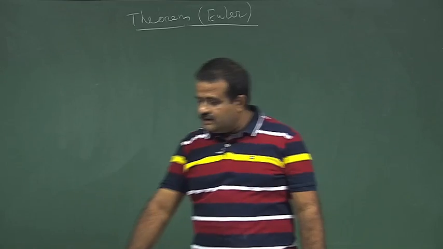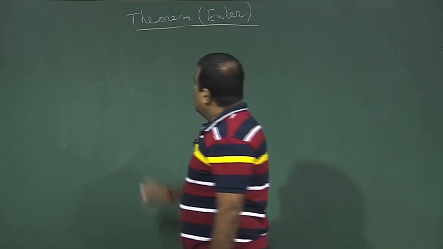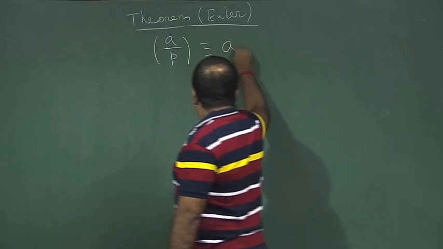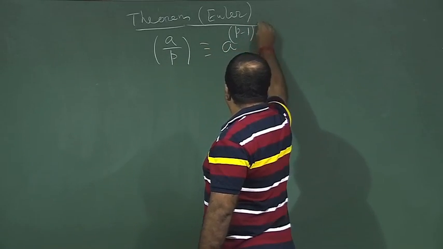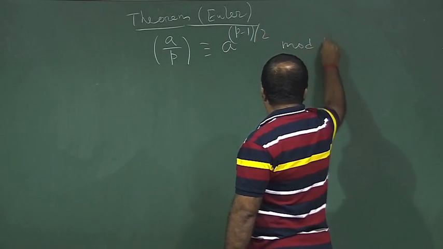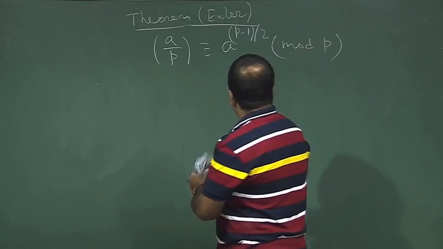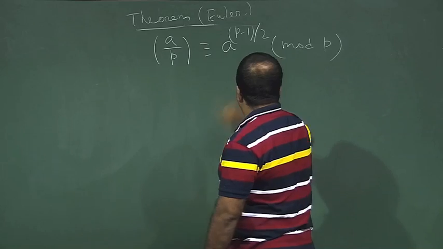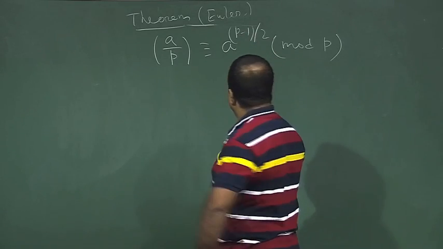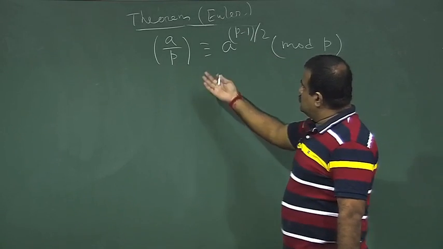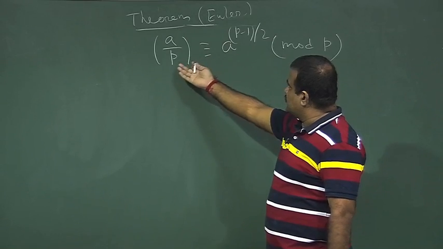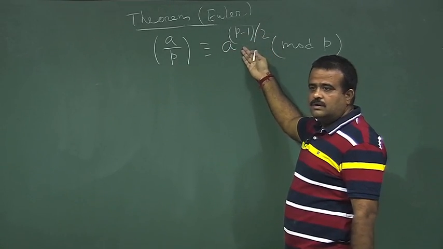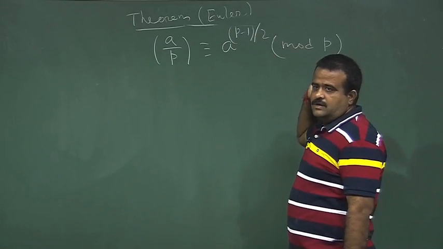It is telling that (a/p) is congruent to a to the power (p − 1)/2 mod p. So, if we have this, then we can calculate this symbol, because this is just an exponent.